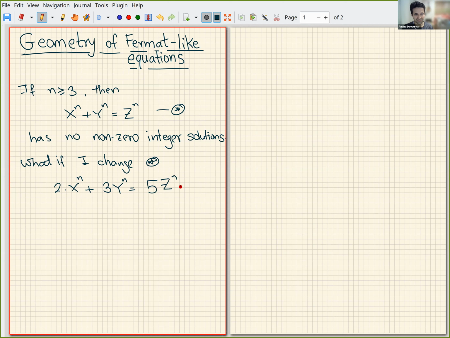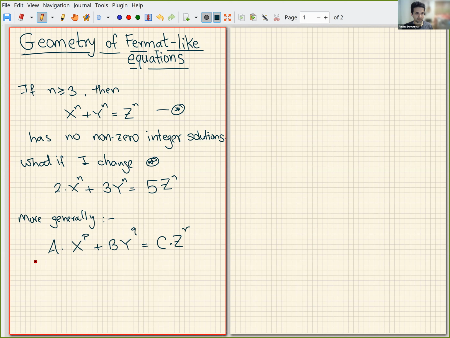How many solutions are there? Solve this in integers. Or maybe I also fiddle with the exponents. It's not just all n and n. So more generally, I change the coefficients and I change the exponents. Let's say a x to the p. p is not a prime, p is just a number. Plus b y to the q equals c z to the r.